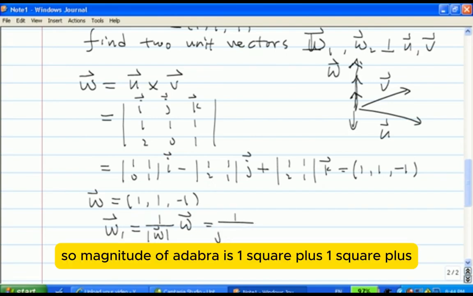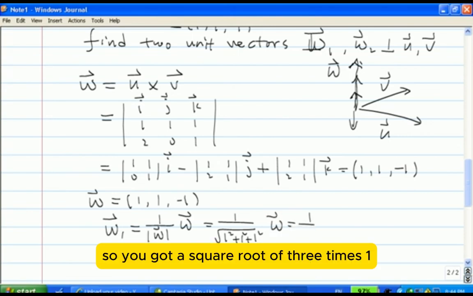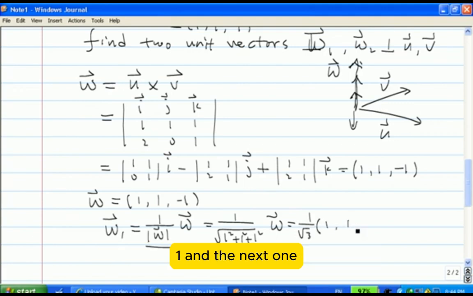So the magnitude of W is the square root of 1 squared plus 1 squared plus 1 squared, times W. Okay. So you get 1 over the square root of 3 times 1, 1, and negative 1. So I'll give you this.